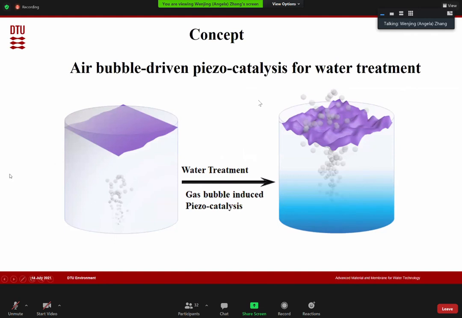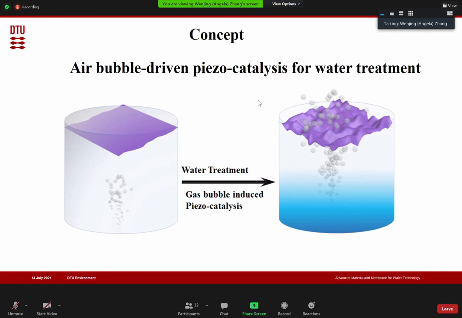So often when we do water treatment, there are aeration technologies where we introduce air bubbles. What we want to do is, if we have wastewater, have a flexible and light nanofiber membrane that can float on top.